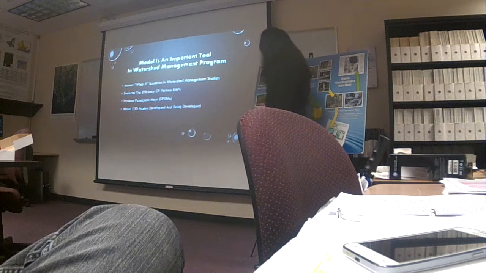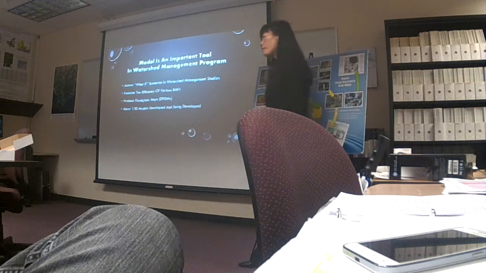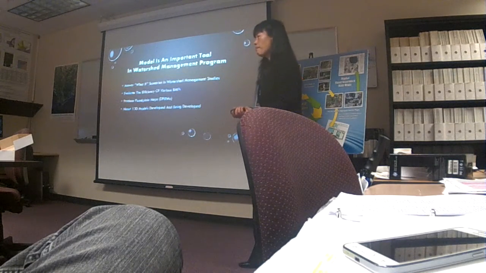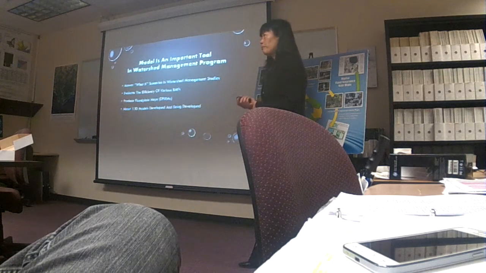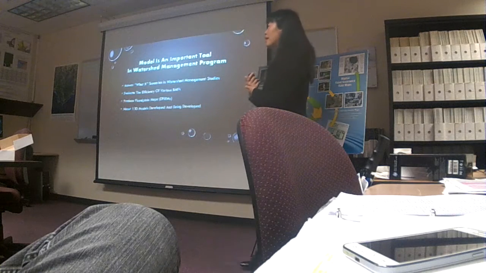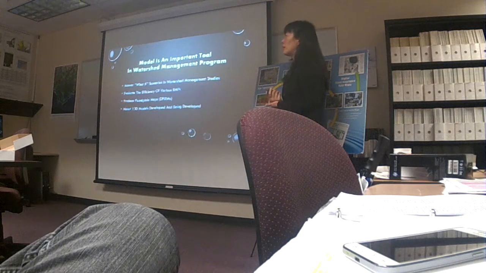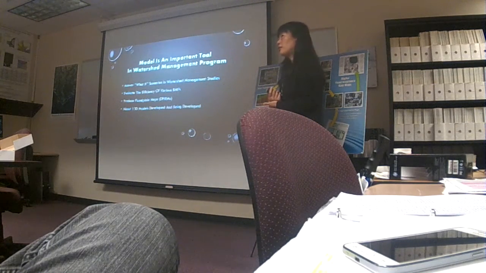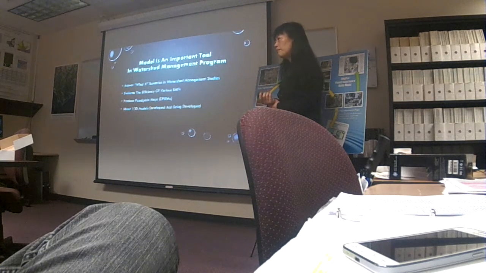So how frequently are the floodplain maps updated? Well, not that frequently. It all depends. As far as I know, we have had this flood map program for a little over 10 years.